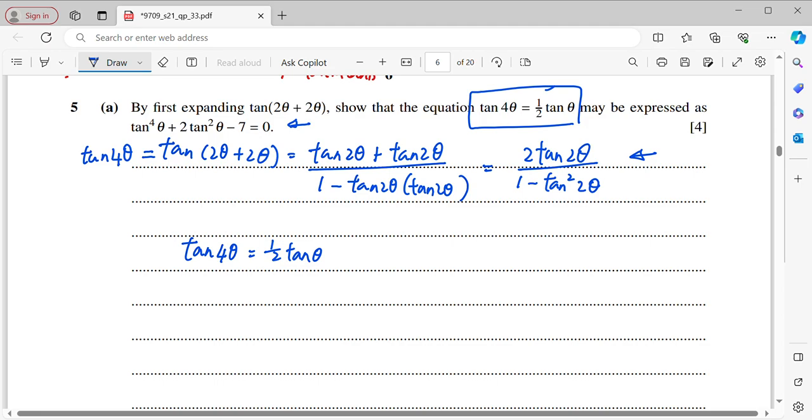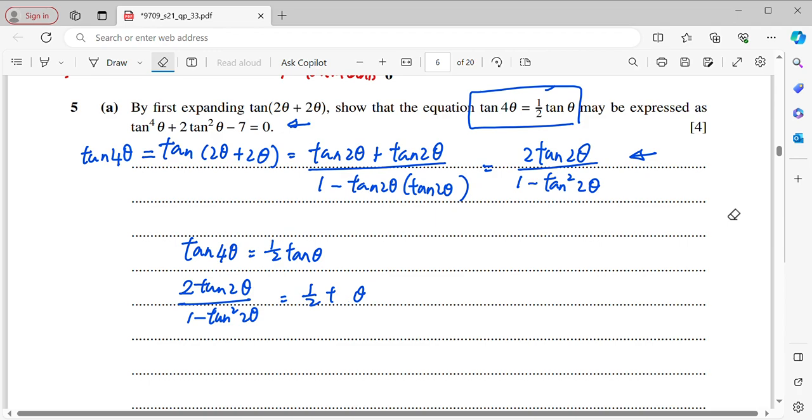So now I will get tangent 4 theta as 2 tangent 2 theta over 1 minus tangent squared 2 theta. So 2 tangent 2 theta over 1 minus tangent squared 2 theta equals half tangent theta.